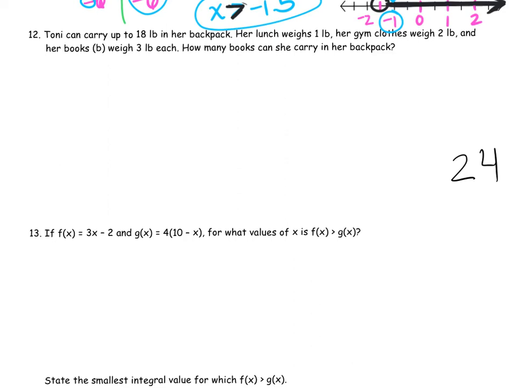We have Tony can carry up to 18 pounds in her backpack. Oh, that's a lot of weight. Okay, so she can carry up to 18 pounds in a backpack. Her lunch weighs 1 pound, and her gym clothes weigh 2 pounds. So let's write that down.